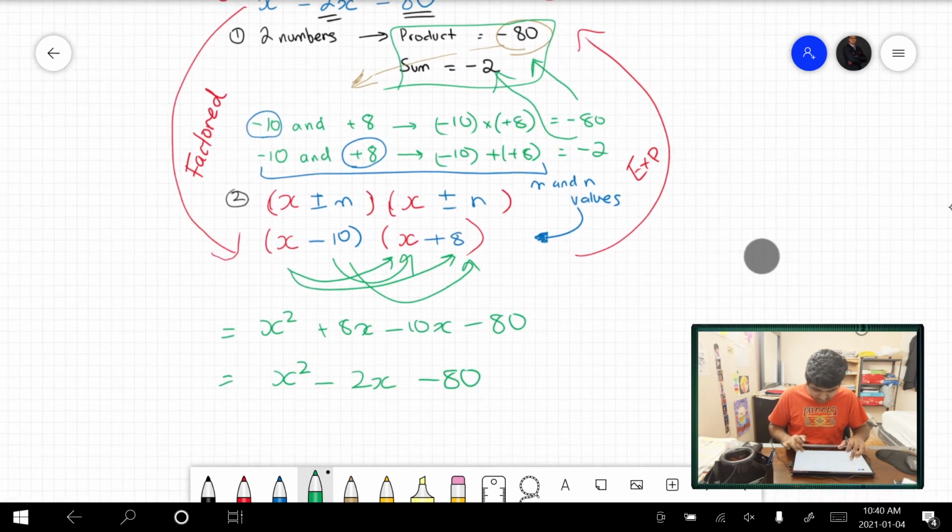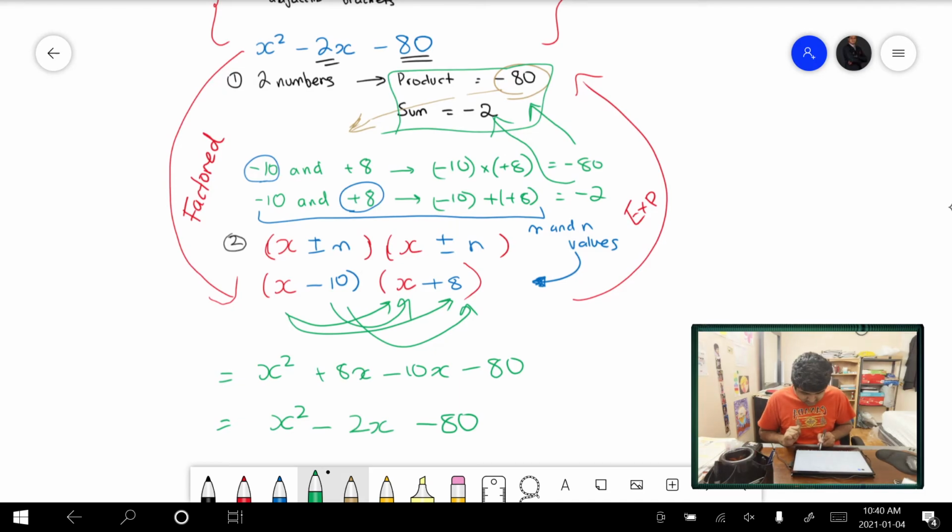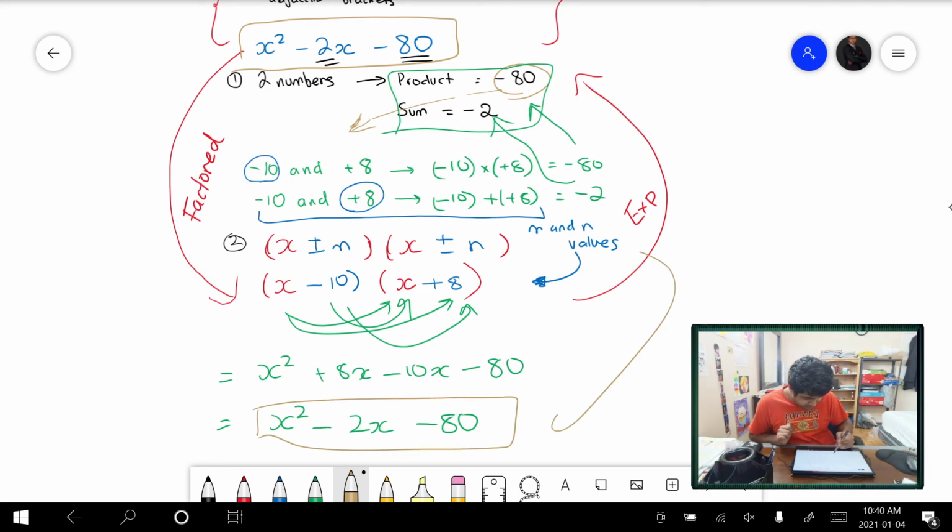Right, so I'm going to zoom out a little more so you guys can see. So you can see here that what I have in gold, which is my original question, matches what we got when we did the expansion. Right? And again, if we wanted to go backwards, we can, once again, factor.